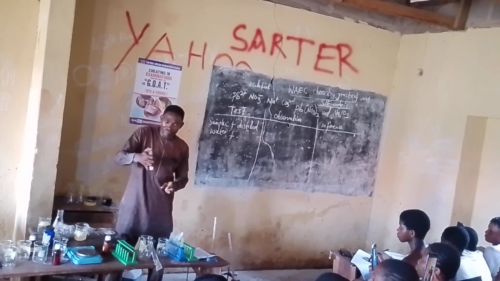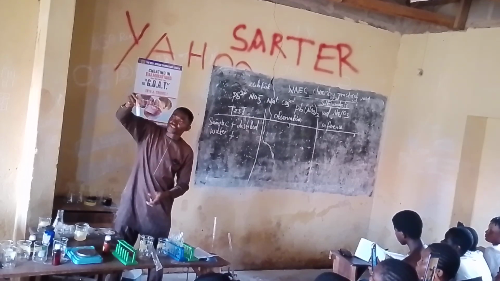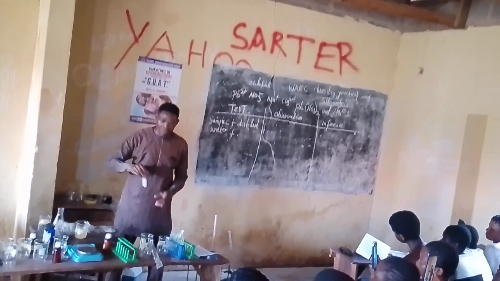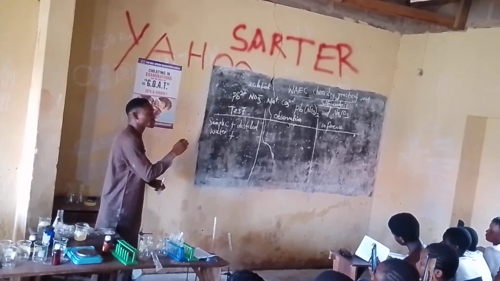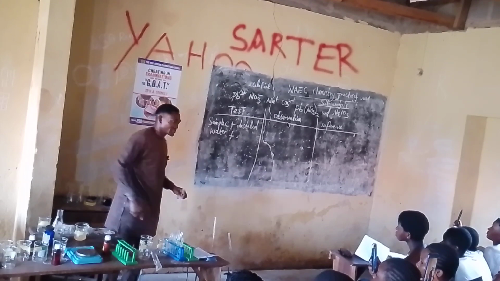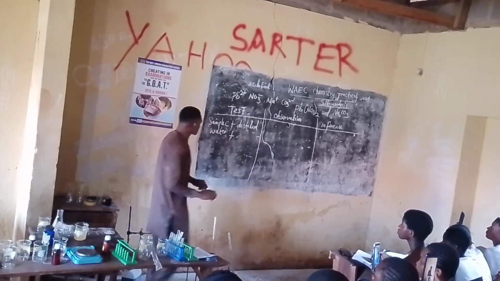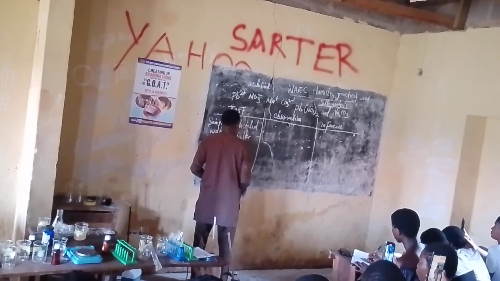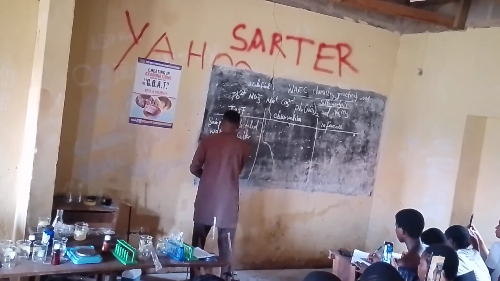Some fraction dissolved, some did not dissolve. So you are going to hear sample C plus distilled water plus filter. Okay? Plus what? Filter paper.